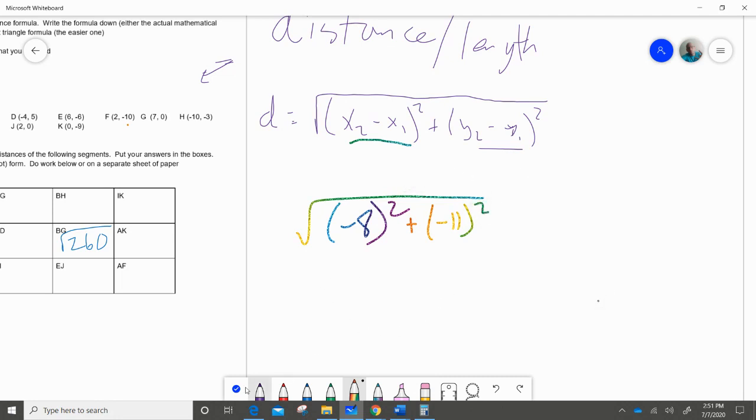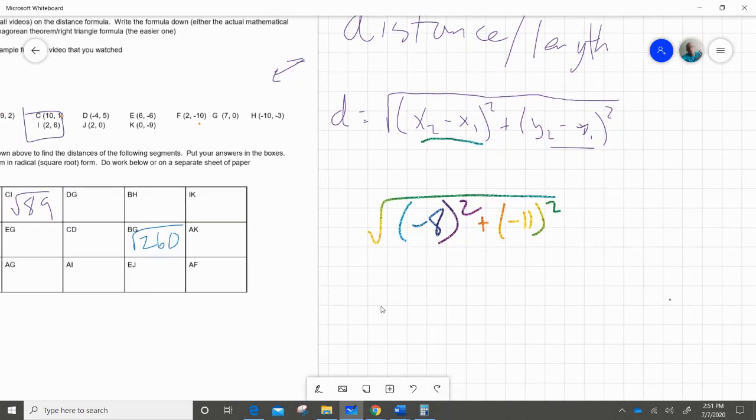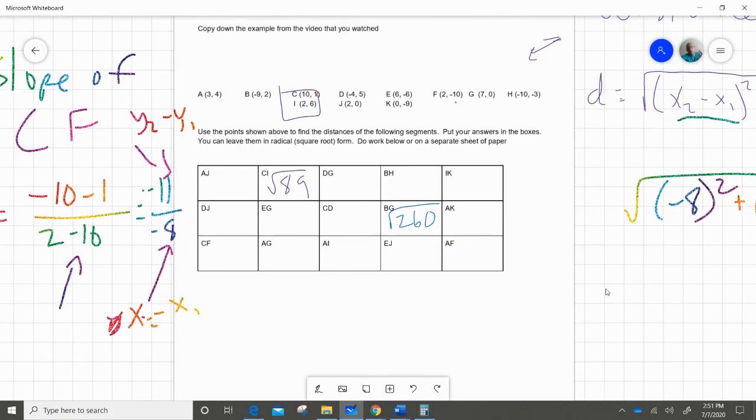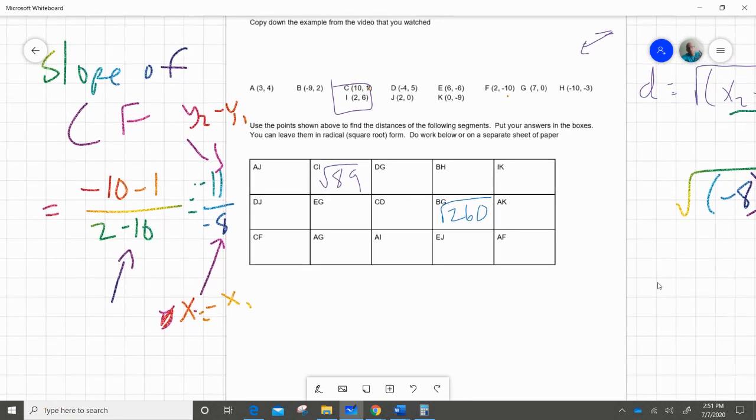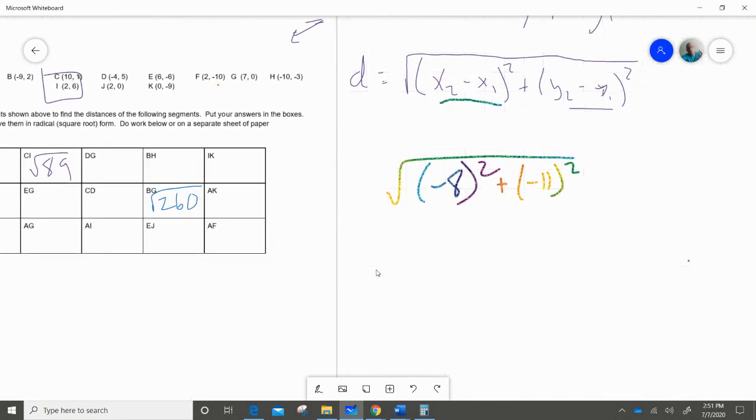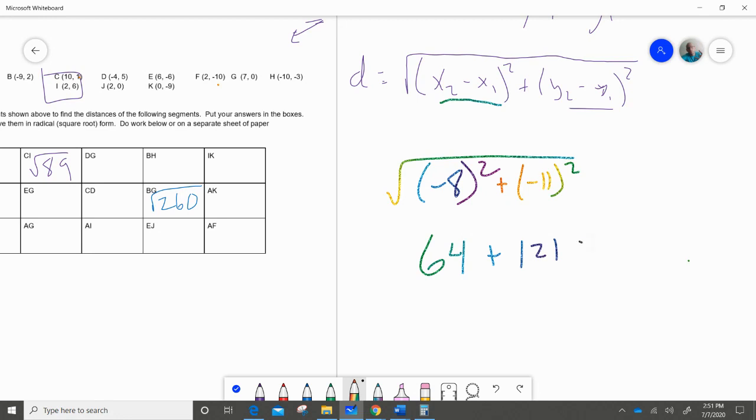So we have negative 8 squared plus negative 11 squared, and we should be good to go here. Negative 8 squared is 64. Negative 11 squared is 121. 64 plus 121, I believe, is 185. And we'll root that.